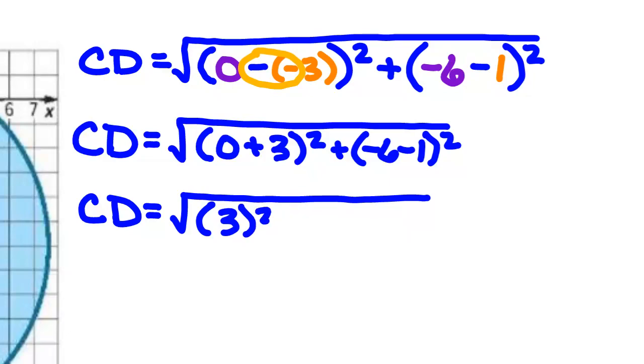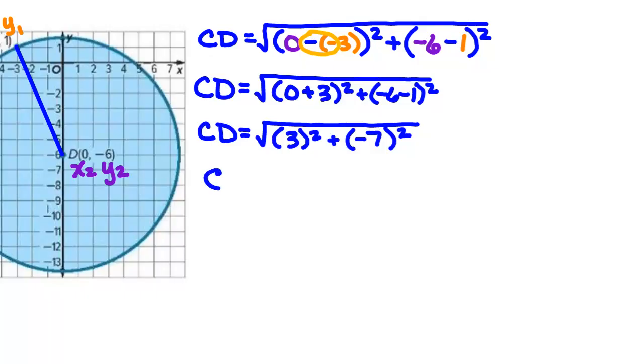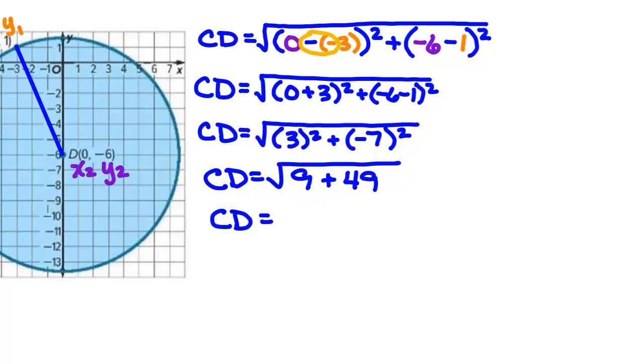So 3 squared plus, what is -6 minus 1? -7. Close my parentheses and square that. What is 3 squared? 9. Careful here, what is -7 squared? 49. We add 9 and 49 together and we get what? 58. So underneath the radical, I have 58.